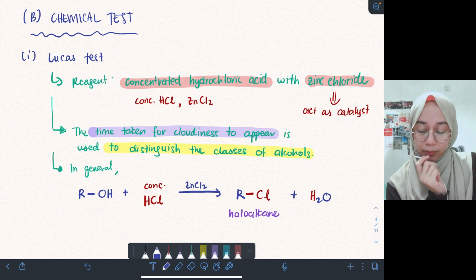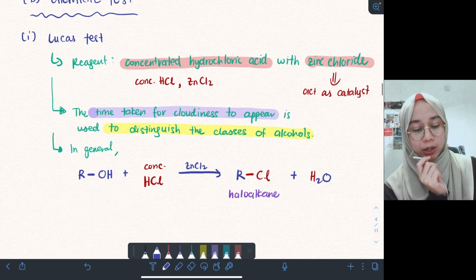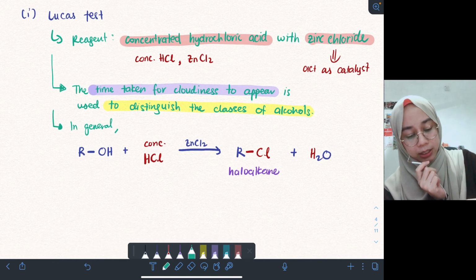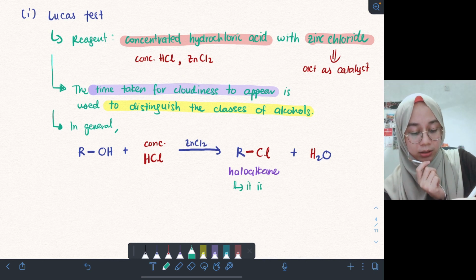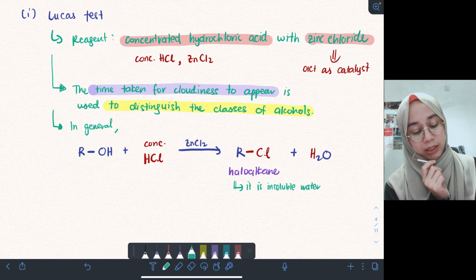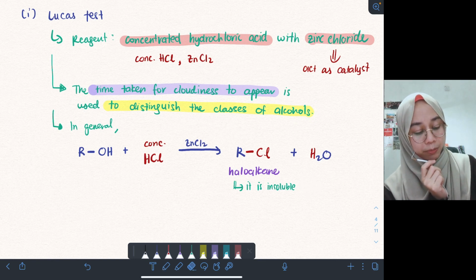So one thing yang kamu kena tahu pasal haloalkane ni, haloalkane is being formed, right? So haloalkane ni, it is basically insoluble in water. Dia tak soluble in water. Instead of kita cakap water, kita cakap aqueous solution lah, because benda tu mix with water kan.